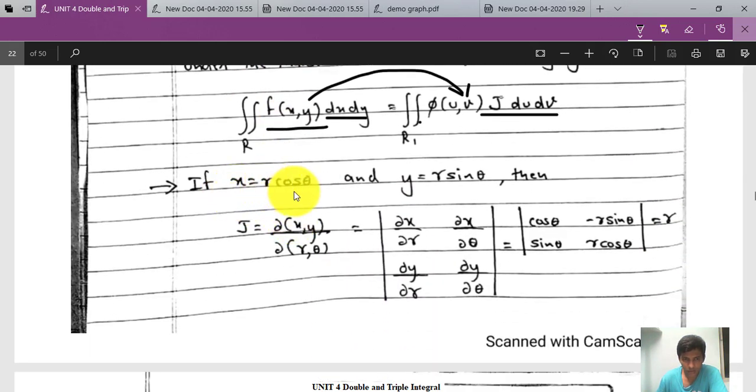If x is a function of r and theta and y is a function of r and theta, then the Jacobian of the transformation of x, y in terms of r and theta is given by the determinant of ∂x/∂r, ∂x/∂theta, ∂y/∂r, ∂y/∂theta, which is equal to cos theta, sin theta, minus r sin theta, r cos theta, that is partial differentiation with respect to r and theta, and after taking its determinant this turns out to be r.